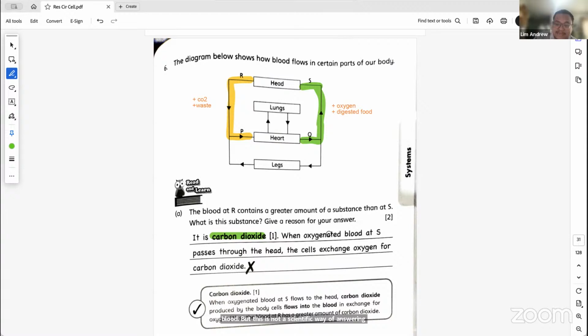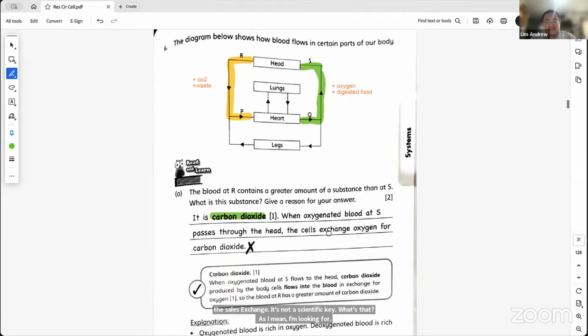So if you were to just say that the oxygenated blood at S passes through the head, the cells exchange oxygen for carbon dioxide, this is wrong, because "the cells exchange oxygen" is not the scientific keyword that the examiners are looking for.